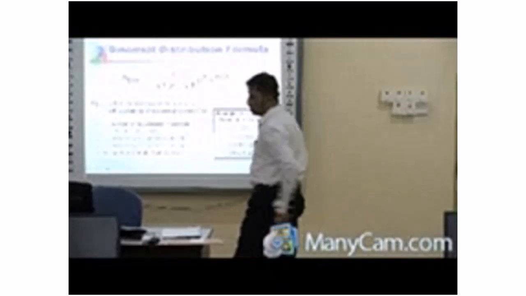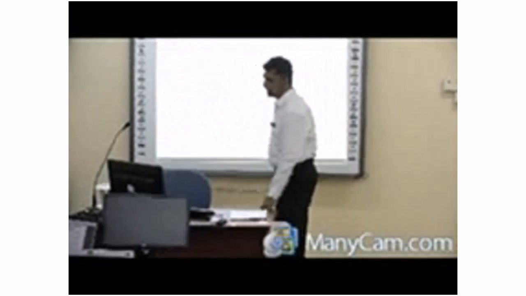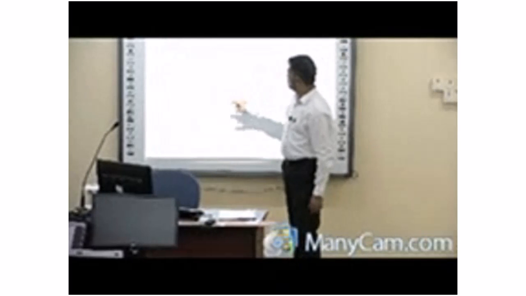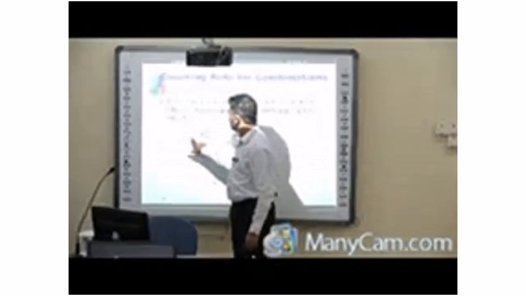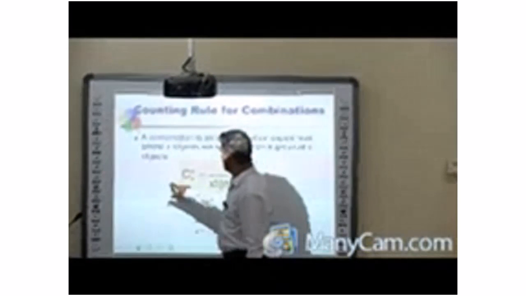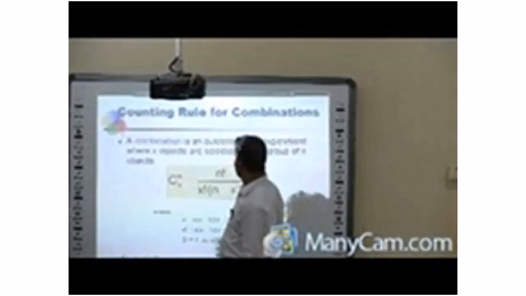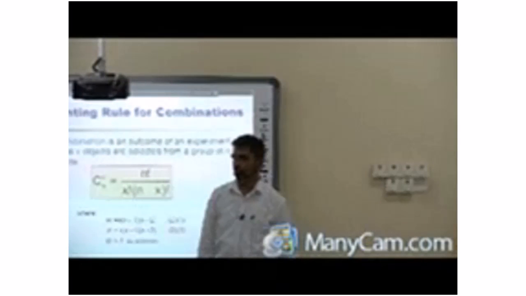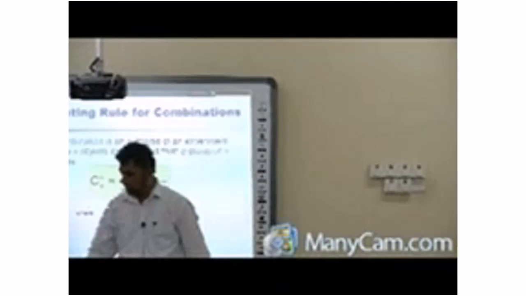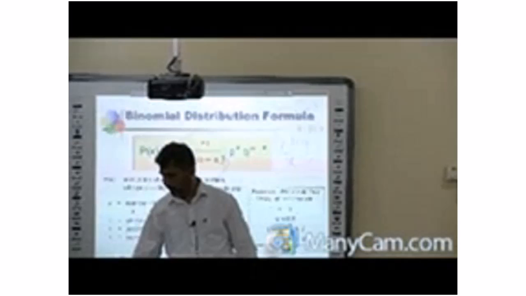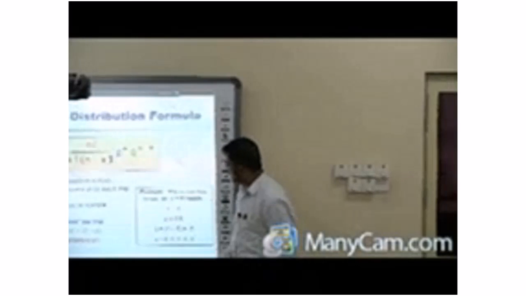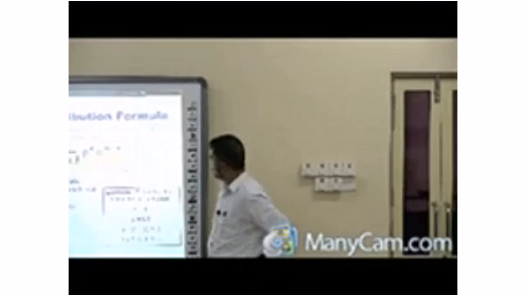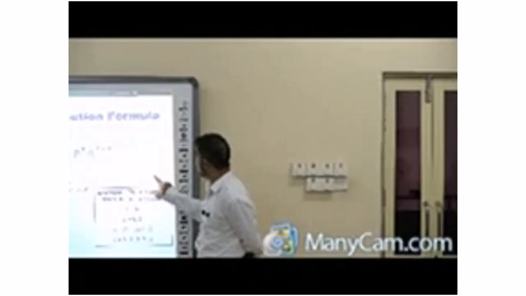Therefore it is better to know about this formula. Here again nCx, again you can see the same formula, right? Then if you go to this example, flipping a coin 4 times, the number of trials is 4.